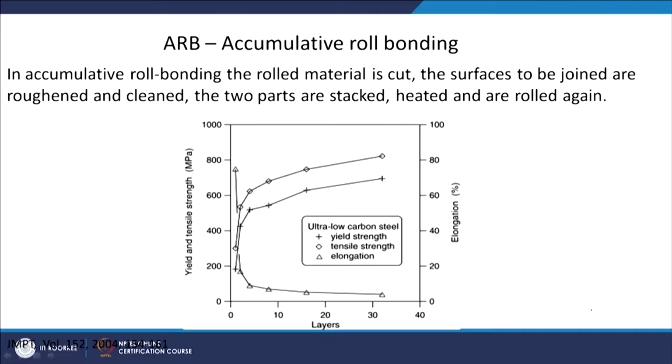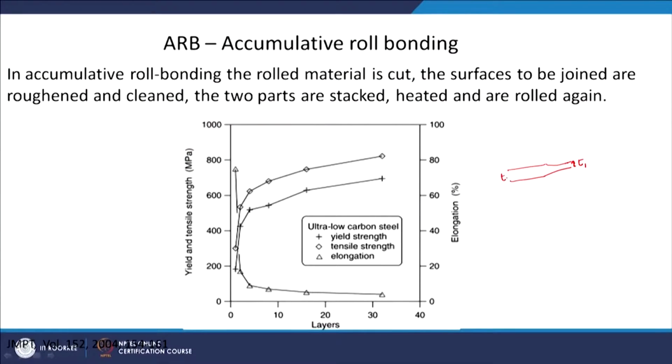Another very important technique of this type, among the non-conventional hot deformation processes, is called accumulative roll bonding. In accumulative roll bonding, it is a simple rolling process only.